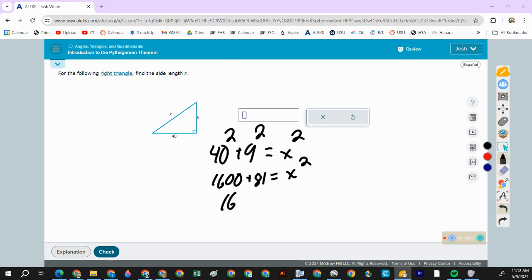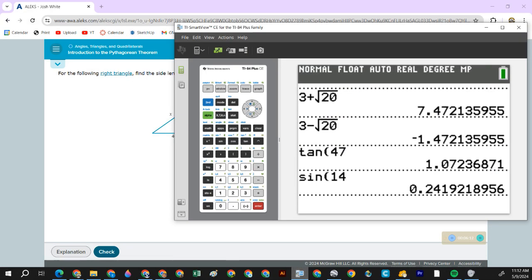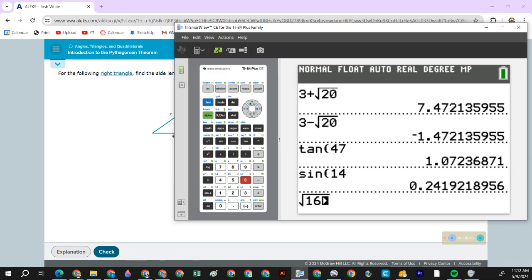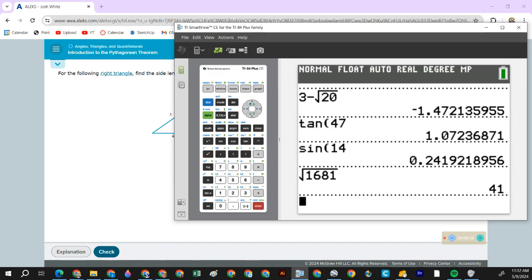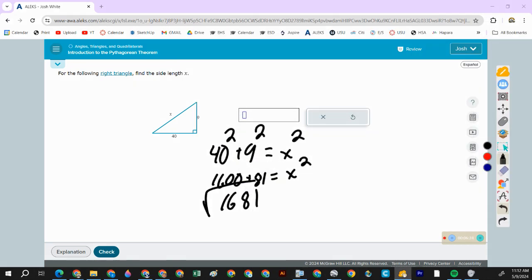So 1681, we take the square root. So the square root of 1681 is 41. Okay, and technically it's plus or minus, but can this length be negative? No, it can't.